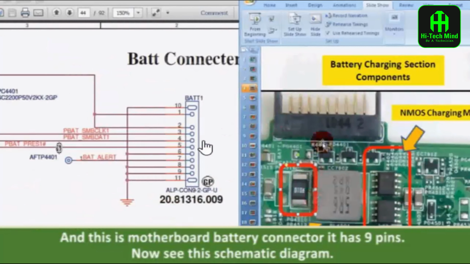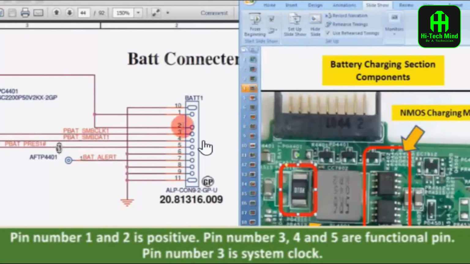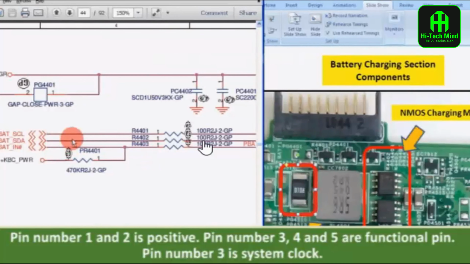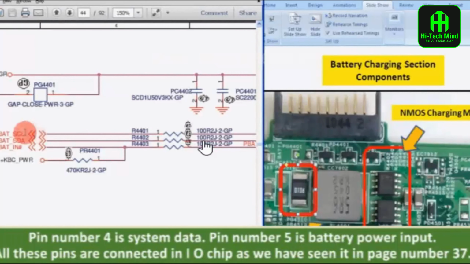And this is the motherboard battery connector. It has 9 pins. Now see in this schematic diagram, pin number 1 and 2 are positive, pin numbers 3, 4 and 5 are functional pins. Pin number 3 is system clock, pin number 4 is system data, pin number 5 is battery power input.